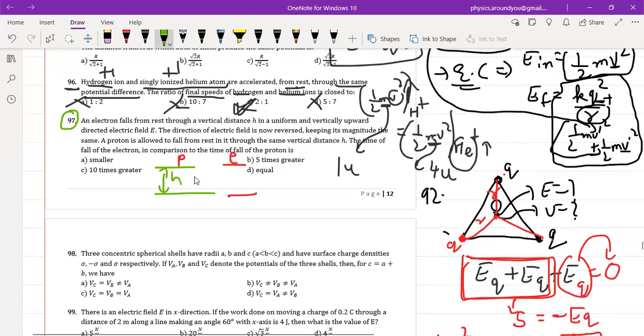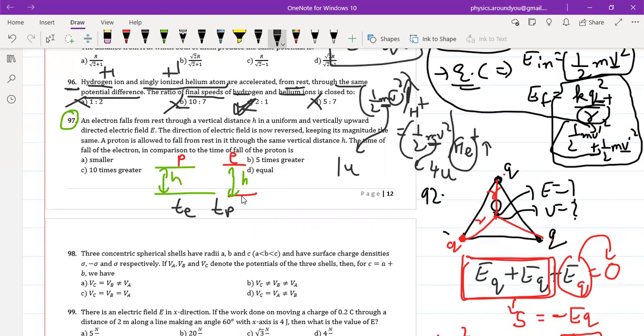They fall through the same distance h. They're asking the time: TE is electron time, TP is proton time. Will the proton take more time to fall through h, or will the electron?